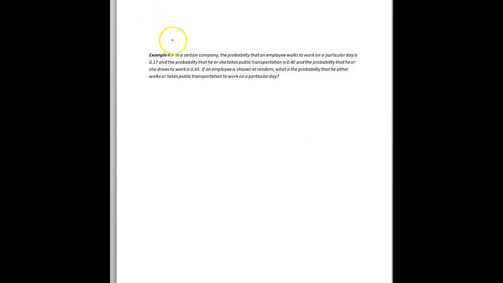Okay, so this is getting to an interesting, or maybe uninteresting, little facet to this rule. What we've been looking at is the probability of A union B, and we've been saying that's equal to the probability of A plus the probability of B minus the probability of A intersect B. This rule can be applied more generally to multiple probabilities, so A union B union C, with 3 different occurrences.